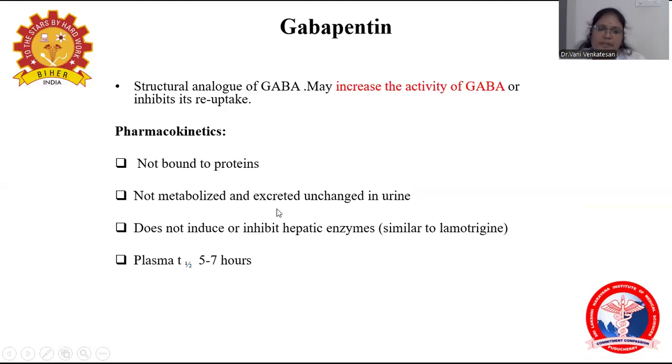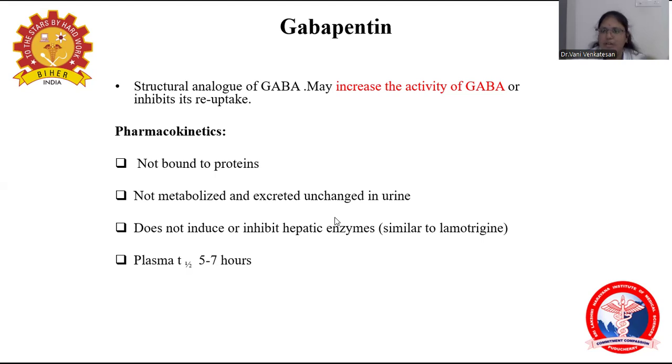Coming to gabapentin. Gabapentin is a structural analog of GABA. This increases the activity of GABA or inhibits the reuptake of GABA. So basically, these are GABA mimetic drugs, which inhibit the reuptake of GABA or increase the activity of GABA. The pharmacokinetic profile of gabapentin includes that it does not have much plasma protein binding, is neither metabolized, and is excreted unchanged in urine.